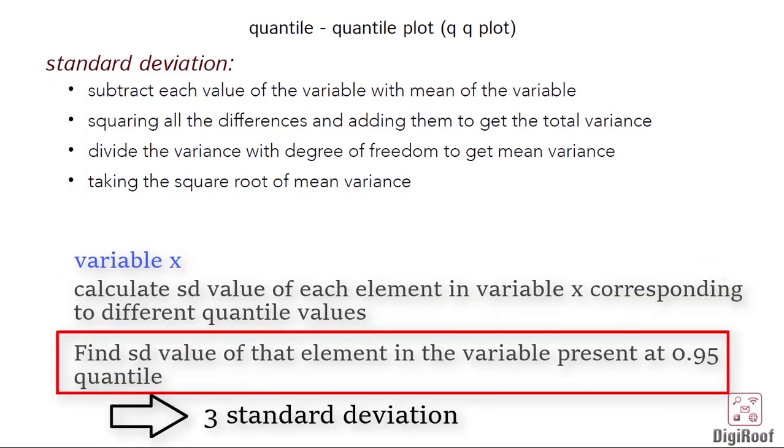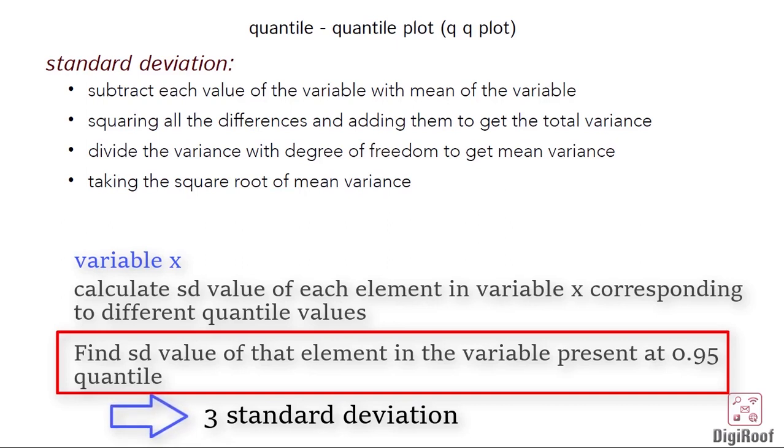If for instance, we find out that the value at 0.95 quantile is having a standard deviation of 3, we should be alarmed. This is because 95% of the values in a normally distributed data should be within 2 standard deviation. So this way, we can tie the concept of quantile and normal distribution. If the properties of our variable are not matching with the properties of a normally distributed data, then the variable must not be used for making a regression model.